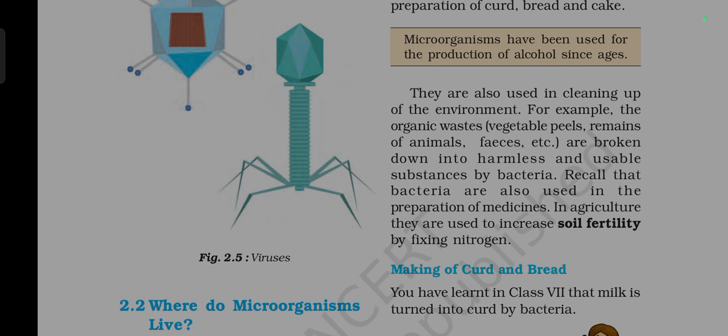For example, the organic wastes, vegetable peels, remains of animals, feces, etc. are broken down into harmless and usable substances by bacteria.